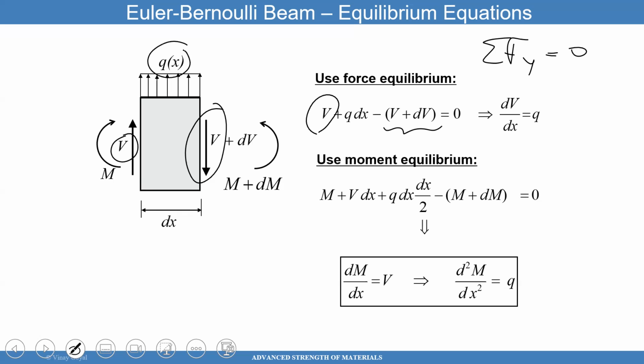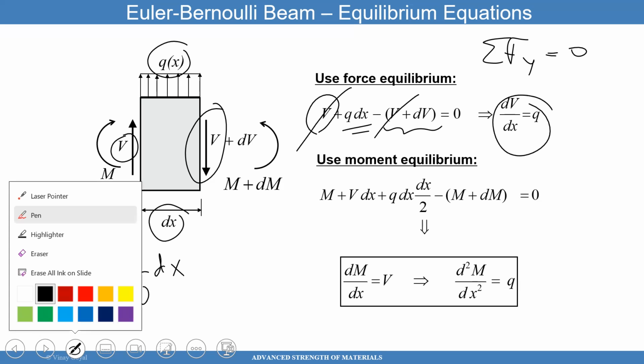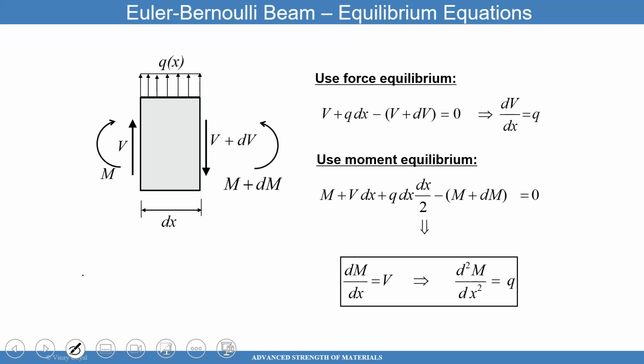So q times this length dx gives me a total force going upwards. That's this term. You can see that V and V cancel out. So I get dV/dx equals q. So the derivative of the shear load with respect to x equals the pressure load applied on the surface. Okay. Any questions on that? I think it's very straightforward.